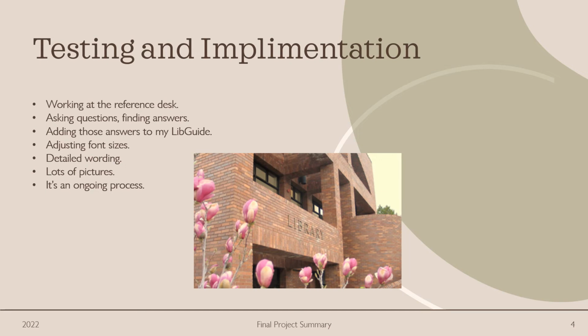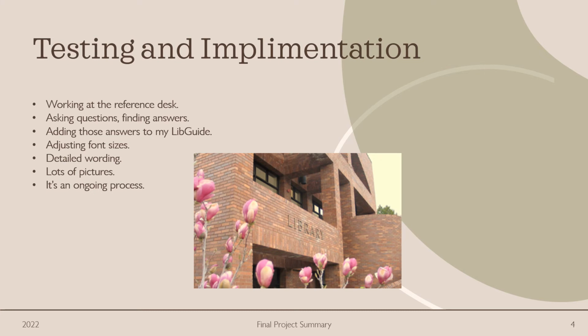Something that came to mind was adjusting font sizes. Again, a lot of our users are seniors, and so small text just was not very good. I needed to increase the font size. I needed to make the wording very detailed. With younger users, you can assume that they understand certain elements of technology.